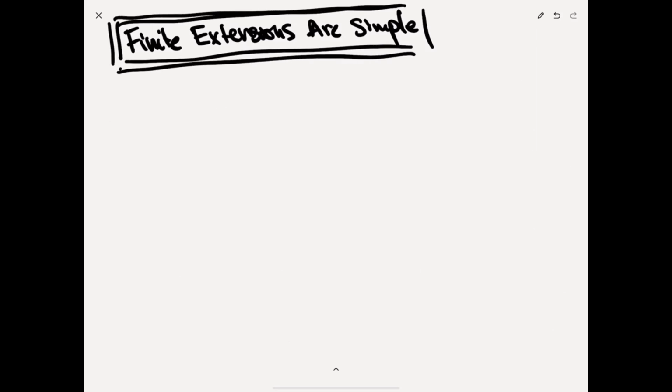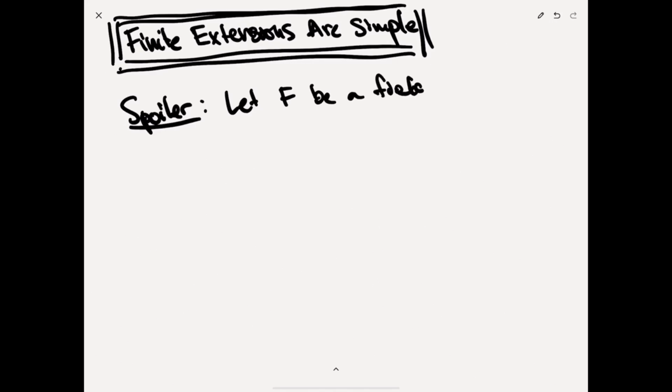This is what's called the primitive element theorem. So the spoiler is the following: let F be a field, and let's say K containing F is a finite field extension.